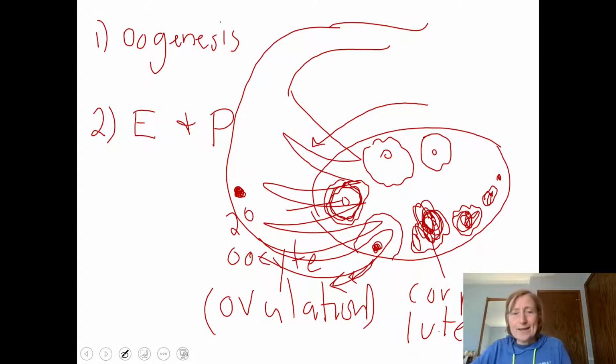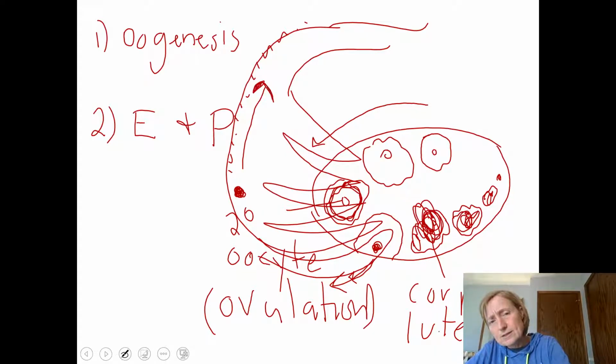Okay? At this point, the cilia that line the oviduct will slowly move this secondary oocyte toward the uterus, right? So the secondary oocyte is moving along, waiting to be fertilized in the oviduct, right?